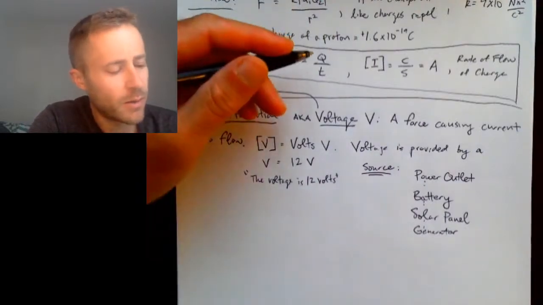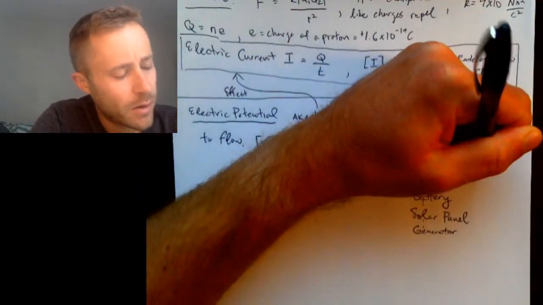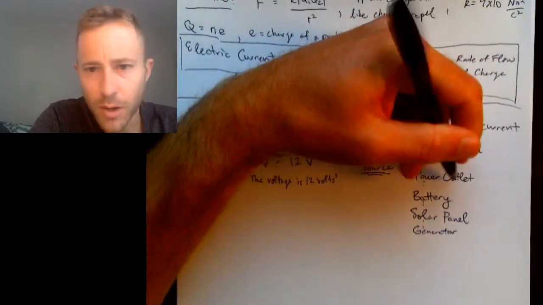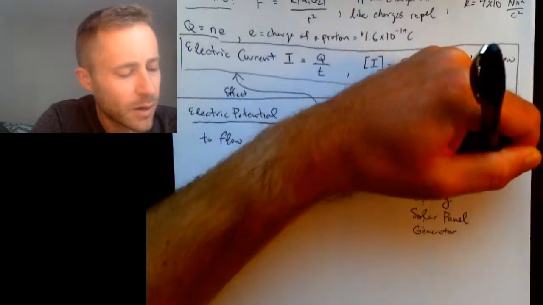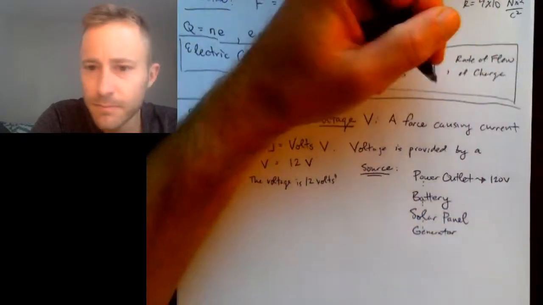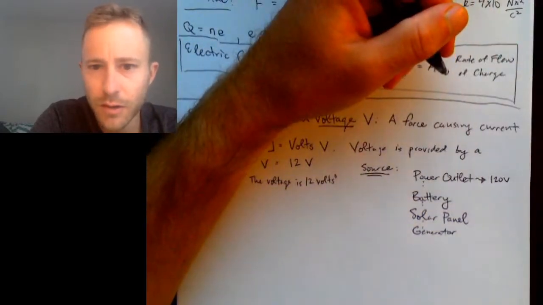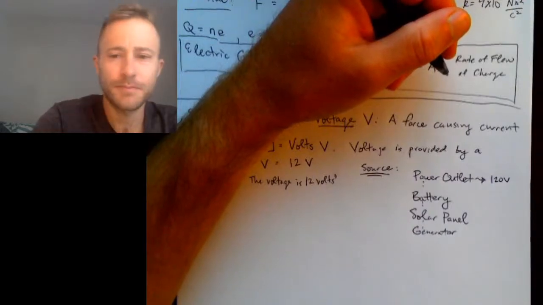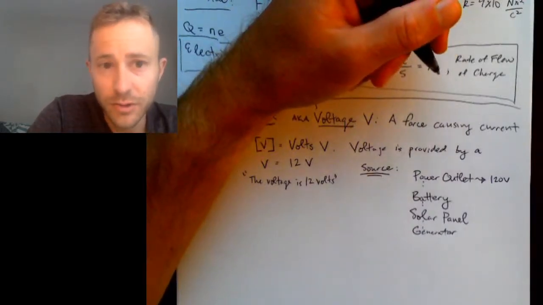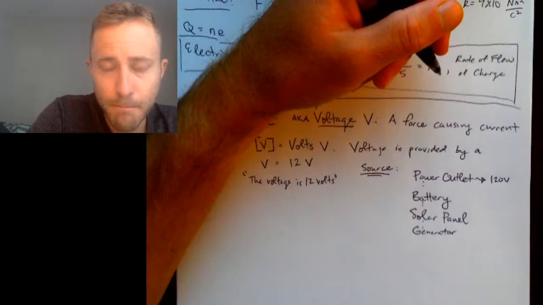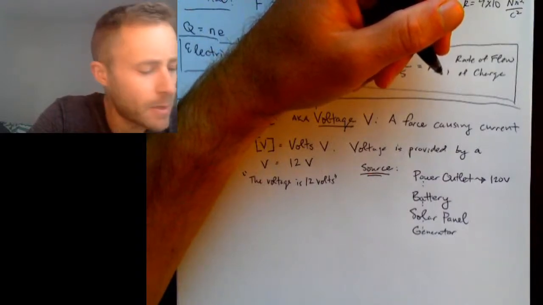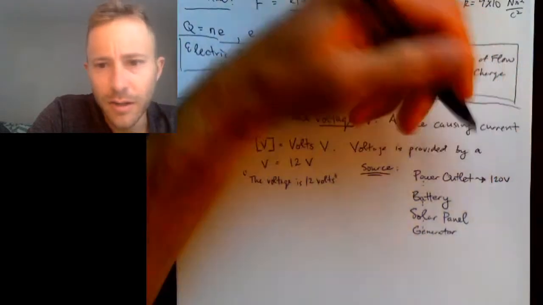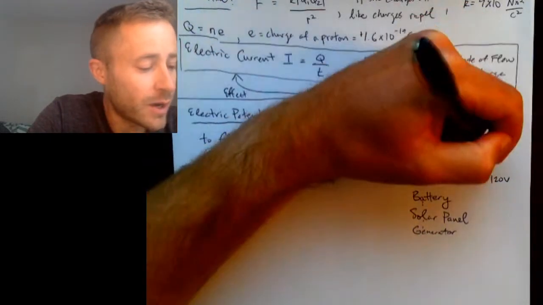And these all have different voltage outputs. So a power outlet is going to provide 120 volts. That's standard for power outlets in the United States, and I think in Canada as well. In the United States, you also have 220 volt outlets.